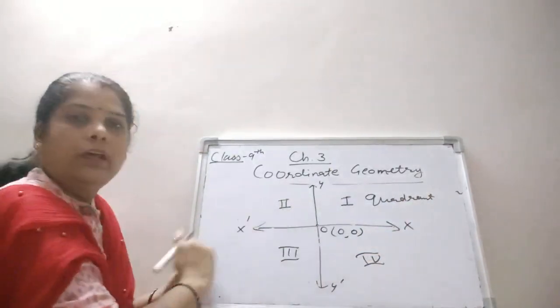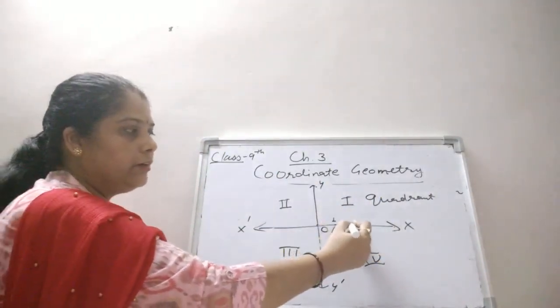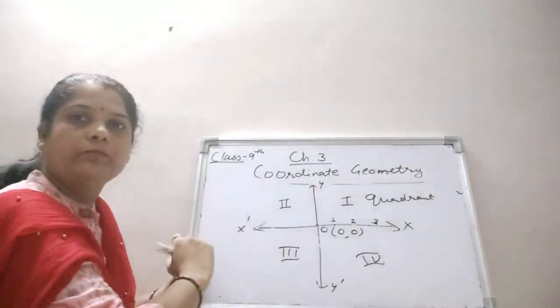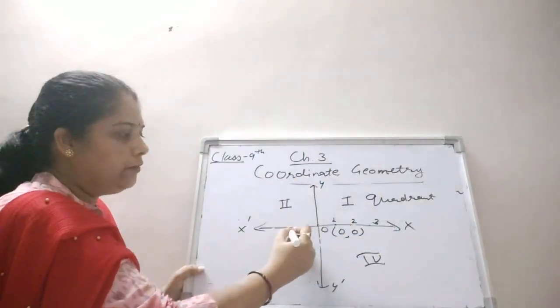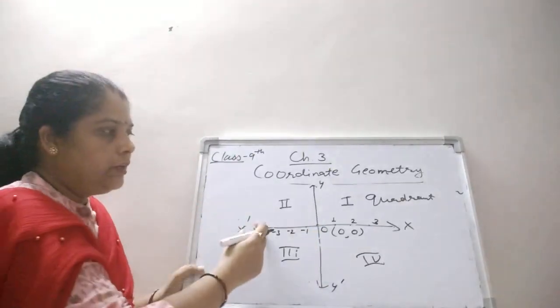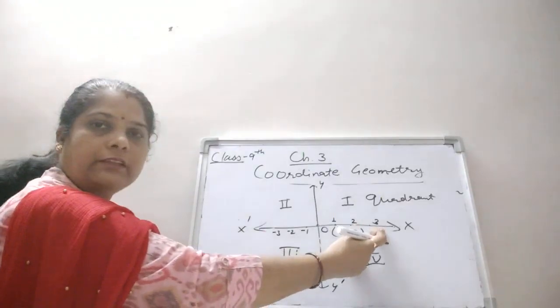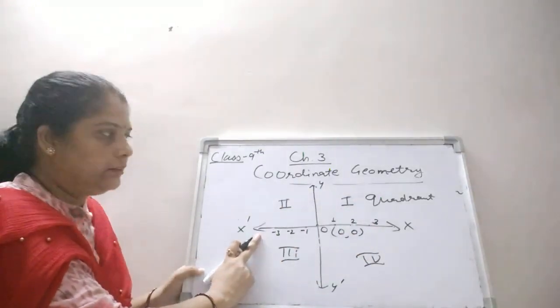Now, on the right hand side we will write the positive numbers 1, 2, 3, and on the left hand side we are writing the negative numbers -1, -2, -3, -4, and so on. So this is the positive x-axis, right hand side, and on the left hand side we have the negative x-axis.